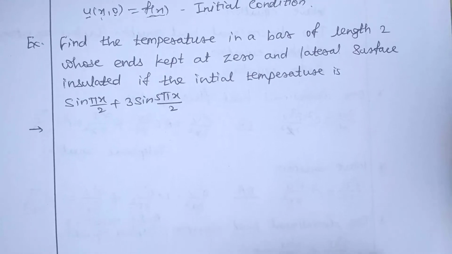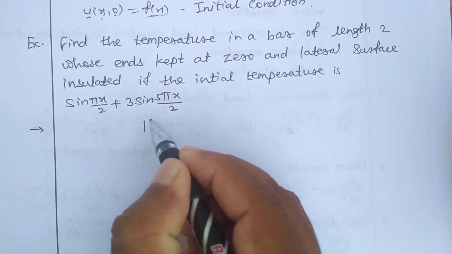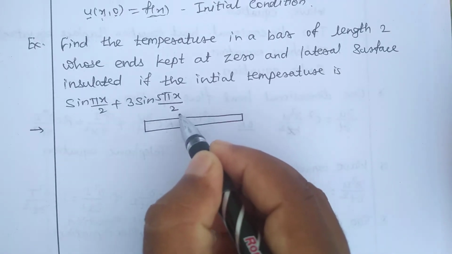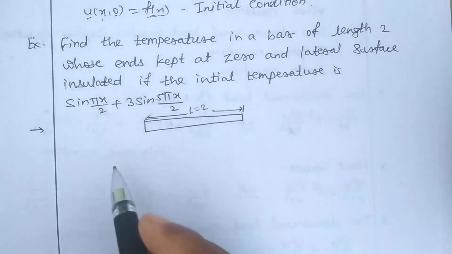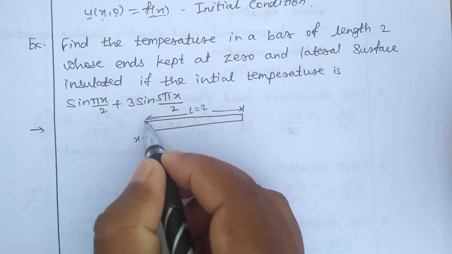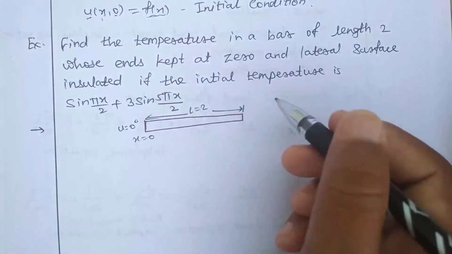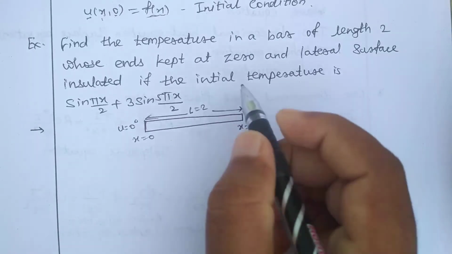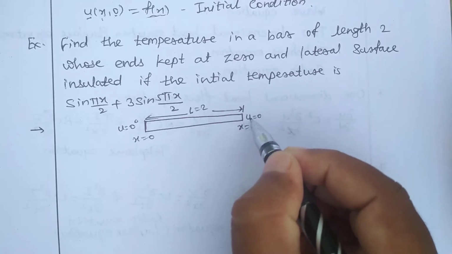First example: find the temperature in a bar of length 2. Just try to draw the bar having length L = 2, whose ends are kept at 0, that means at the first end x = 0 the temperature is 0 degree Celsius, and at the second end x = 2 also the value of u is 0.